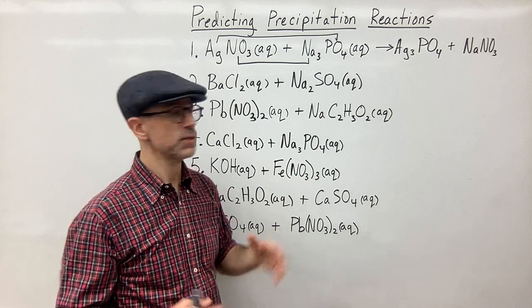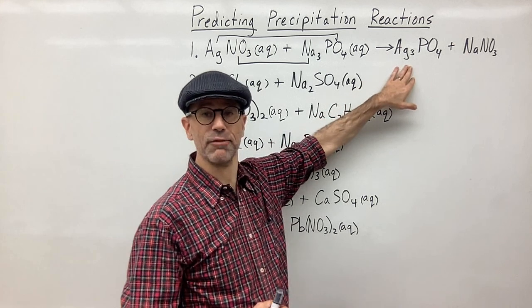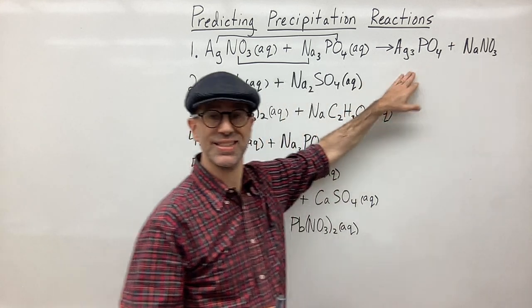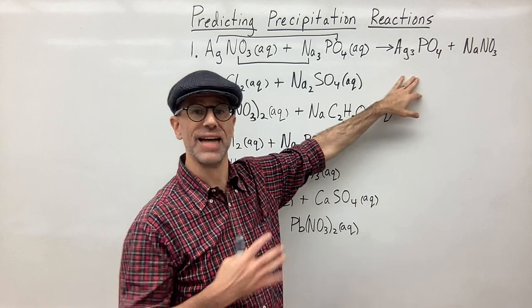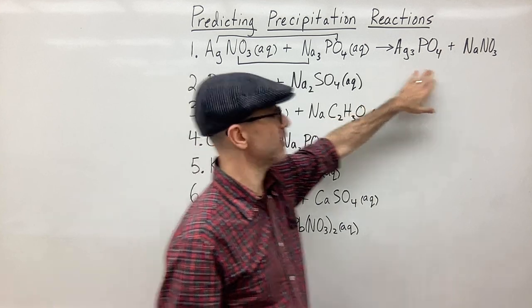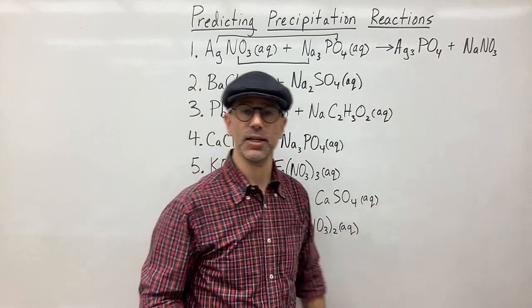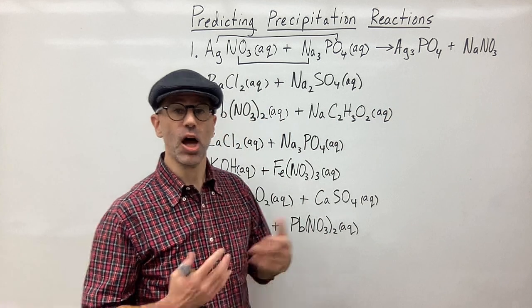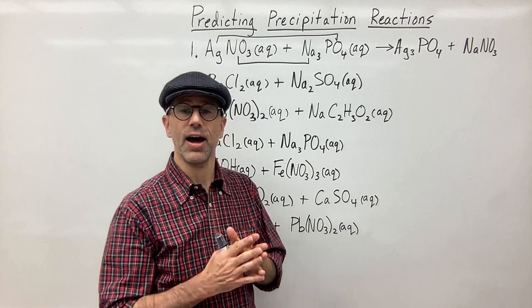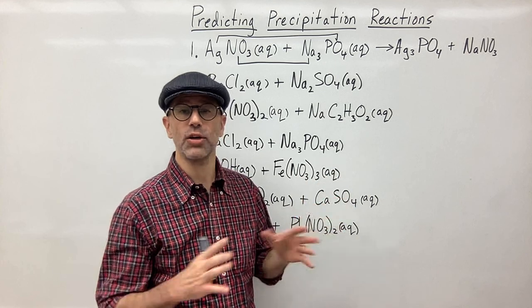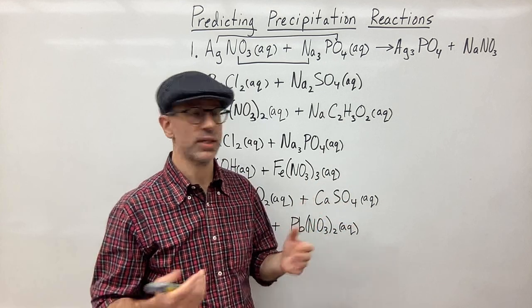Or in other words, I'm looking to see if either one of these is insoluble in water. If it's insoluble in water, meaning it's not going to dissolve in water, then this will form a solid. If they are soluble in water, then they're going to dissociate and become ions in water. They're not going to come together. They're going to be aqueous.